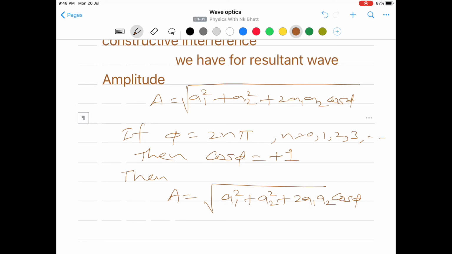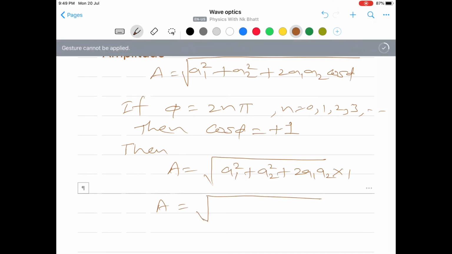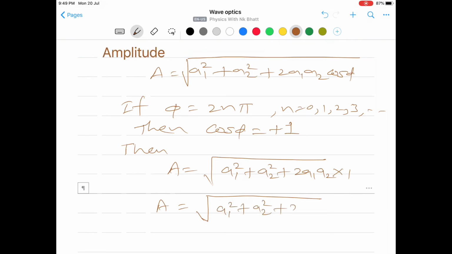Cos phi is 1, so we can replace it: A is equal to under root A1 square plus A2 square plus 2A1 A2 into 1, because we have taken cos phi is equal to plus 1. Then A would be equal to under root A1 square plus A2 square plus 2A1 A2.